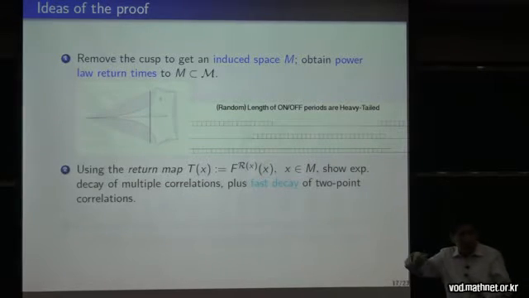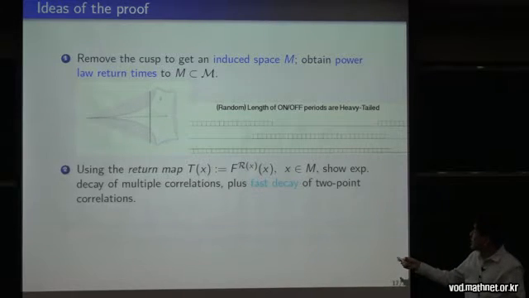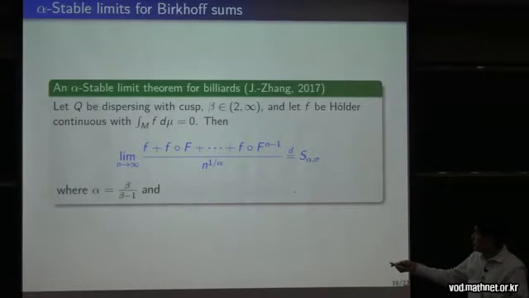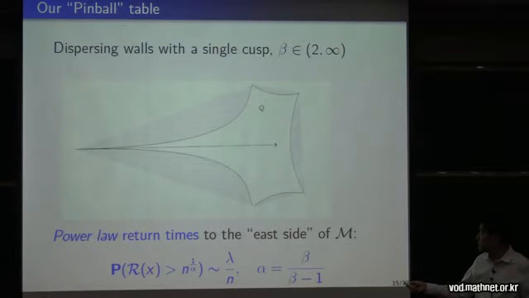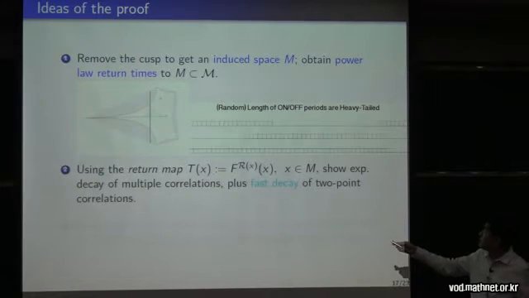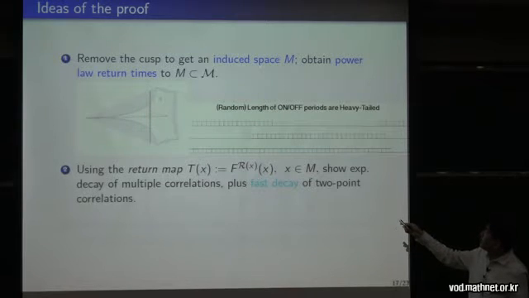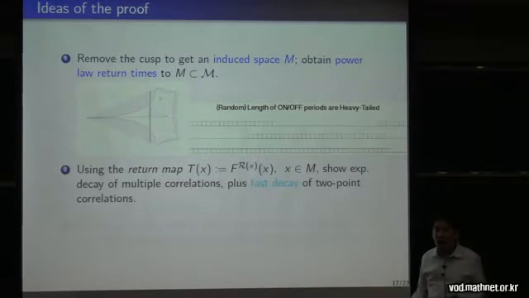Actually, it's f of the cusp, f of the cusp, f of the cusp, over and over for a very long time, exactly n to the 1 over alpha time. You add that any time you get stuck in the cusp. So that's the picture. When you chop this off and you add this this many times, you get this sort of behavior. And that was just like adding the tau i's from before in our on-off model.